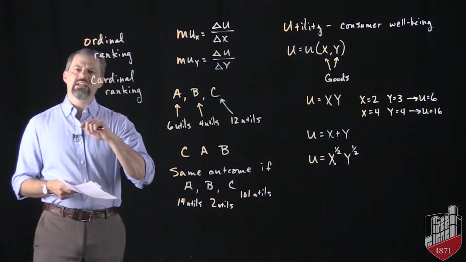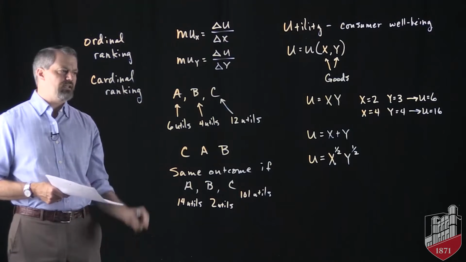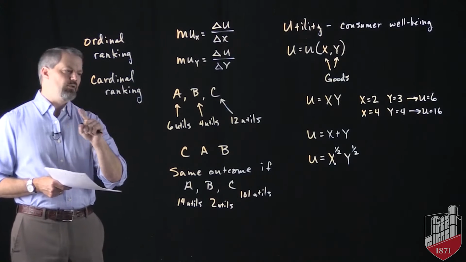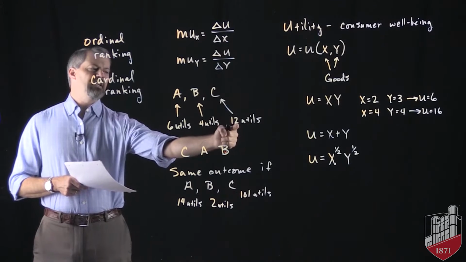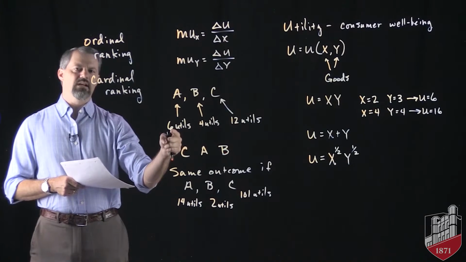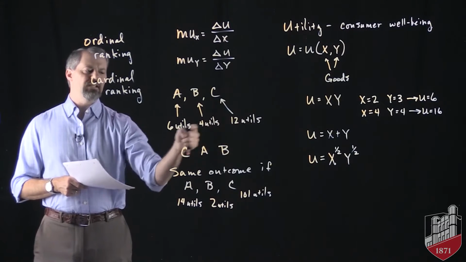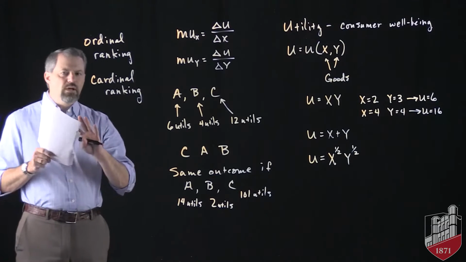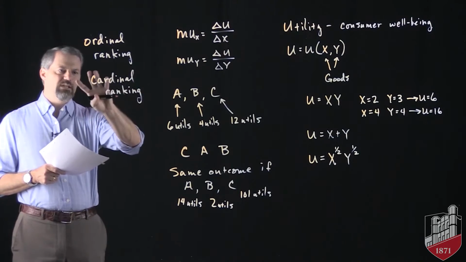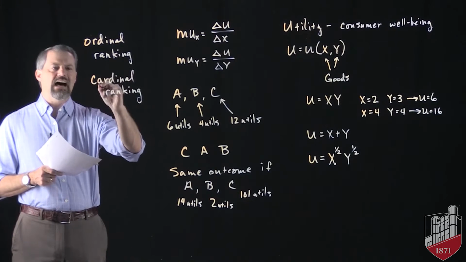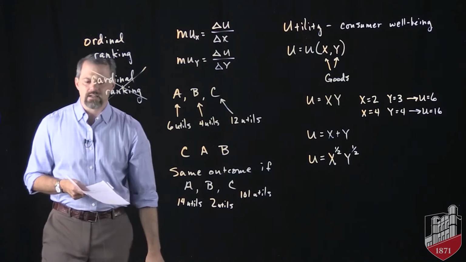So for example, if we were going to use the utility function to provide us with a cardinal ranking, we would be able to say that this consumer likes bundle C twice as much as they like bundle A, because they get twice as many utils from bundle C as they do from bundle A. But we do not use the utility function that way. So just keep in mind that a utility function does not give us a cardinal ranking. All it gives us is an ordinal ranking.